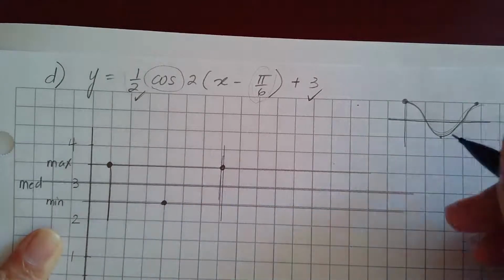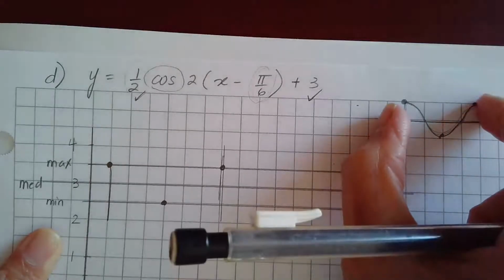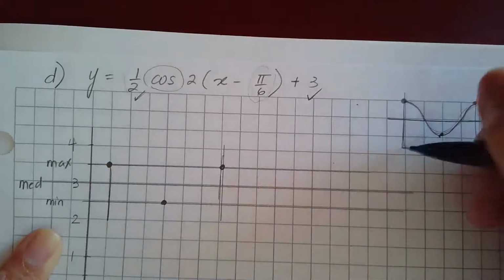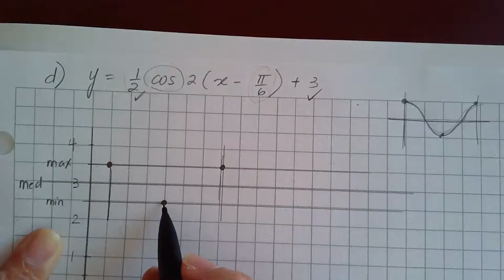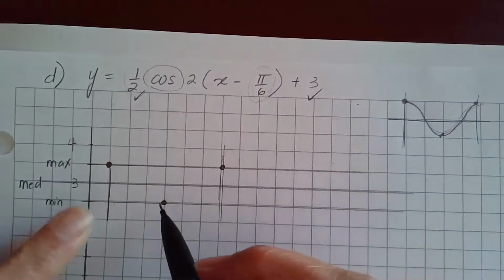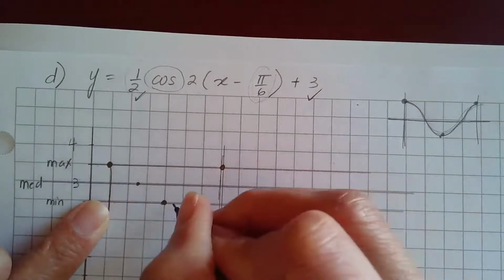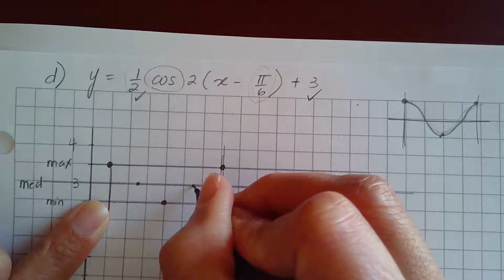Minimum is in between the starting and the end. And then half of that would be here, and half of these would be here.